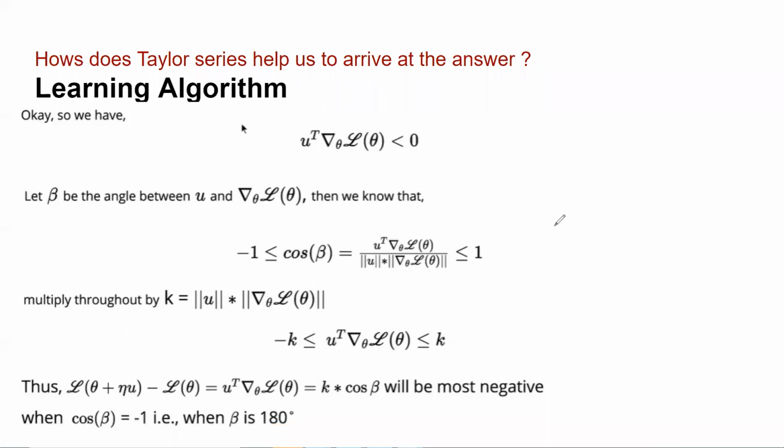Okay. So this cos beta is equal to u transpose.